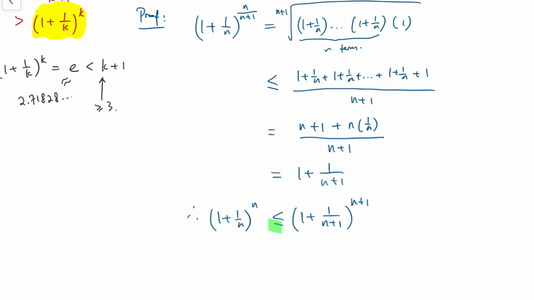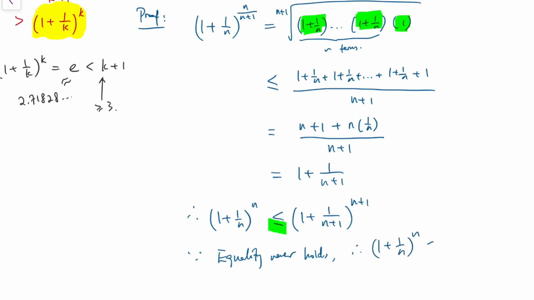Almost. It's just that we need to settle the equality case. But notice that these terms, the 1 plus 1 over n and the 1, are never equal, so equality never holds.